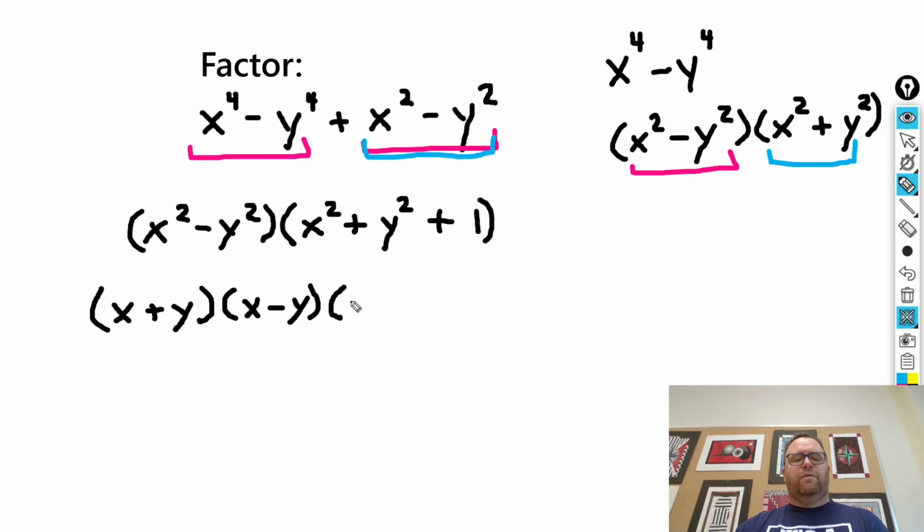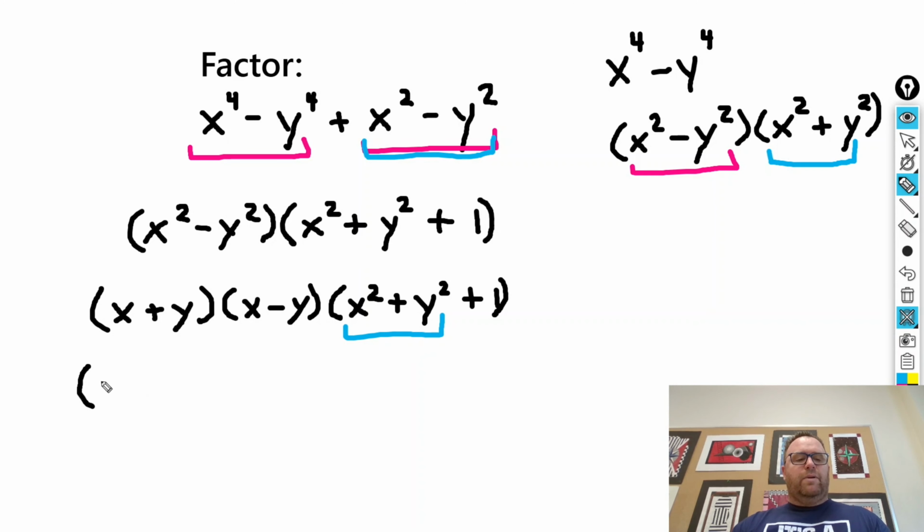And then we have x squared plus y squared plus 1. Now, for real factors, this is about as far as I would go, but you can also note that this part here, and this really doesn't take care of the plus 1, but this part here is a difference of squares when you have an imaginary part.